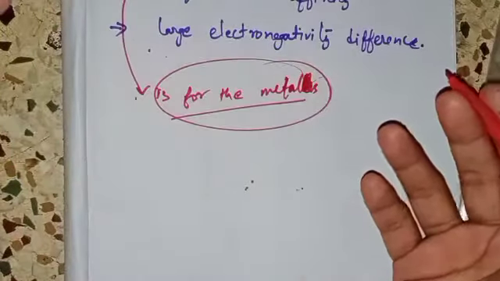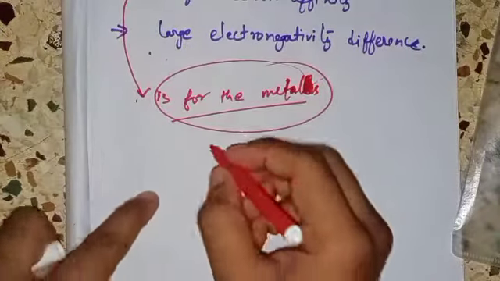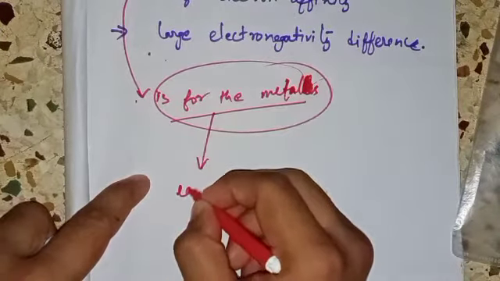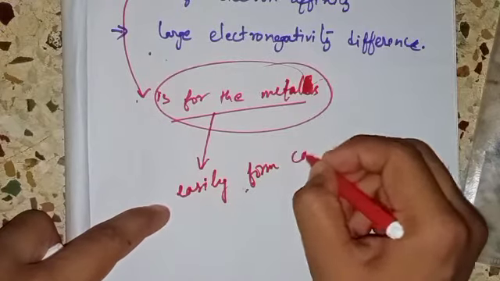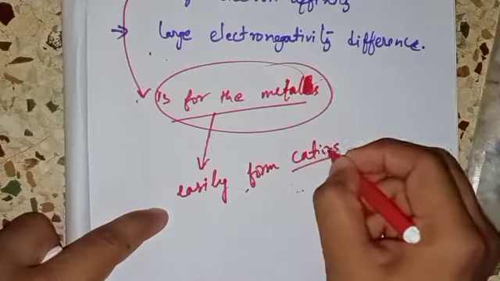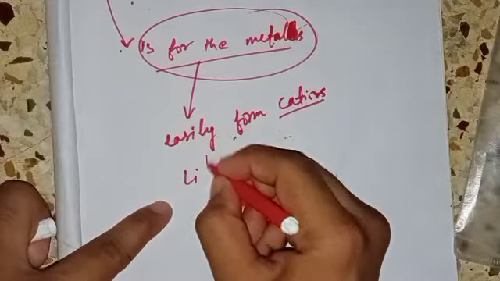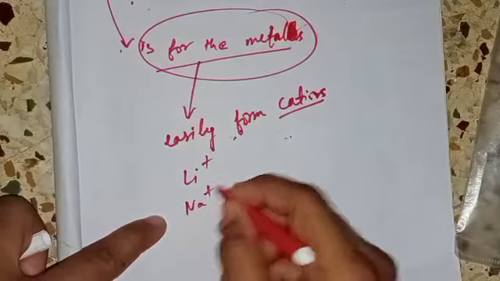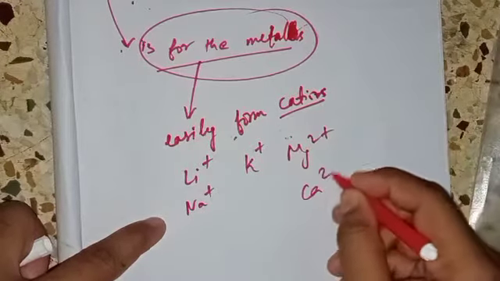If they easily lose electrons, they will form cations, positively charged ions like Li+, Na+, K+, Mg2+, Ca2+.